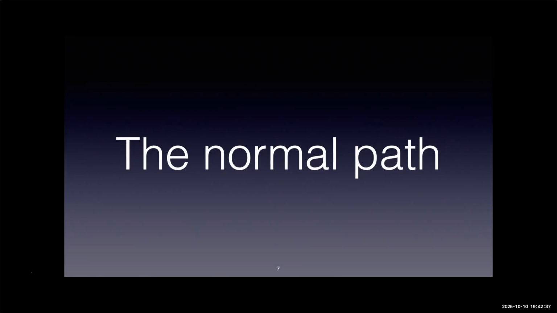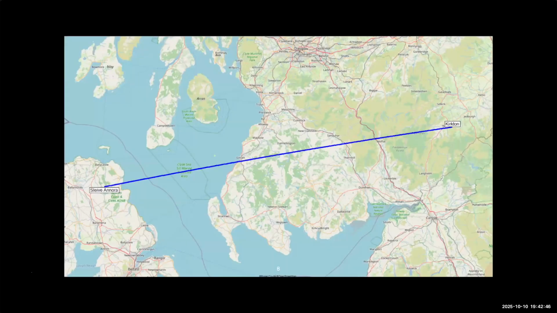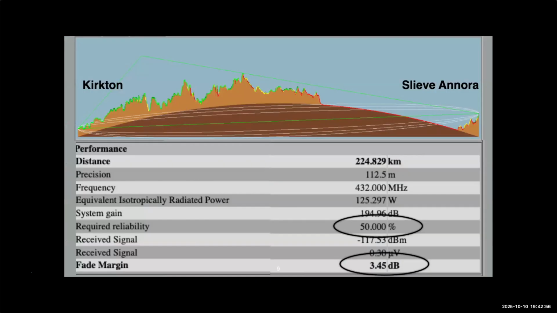And the tropospheric path is bumping on empty, it's bumping on the noise, and then suddenly we get something up over and above the normal. Here's the path. There's Slieve over in Northern Ireland, and there's Kirkton where I am, somewhere just east of Hawick. There's the path itself. Now, this is us talking about the normal path.